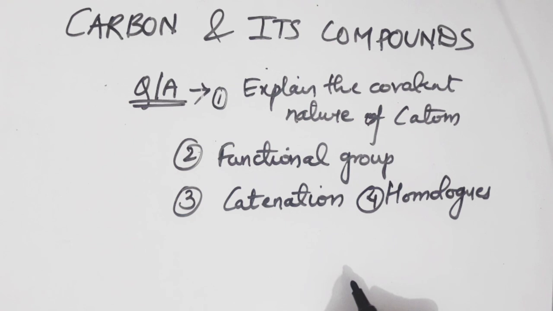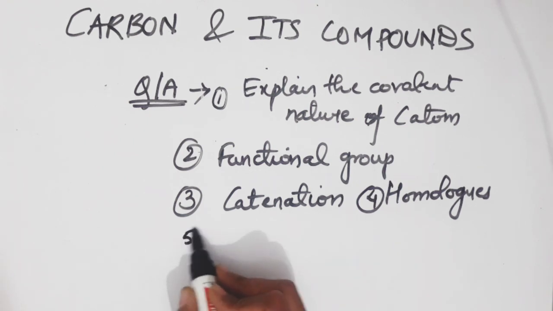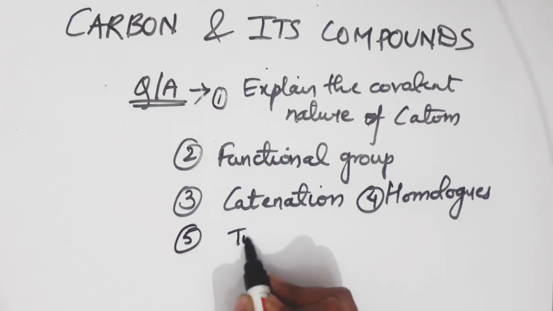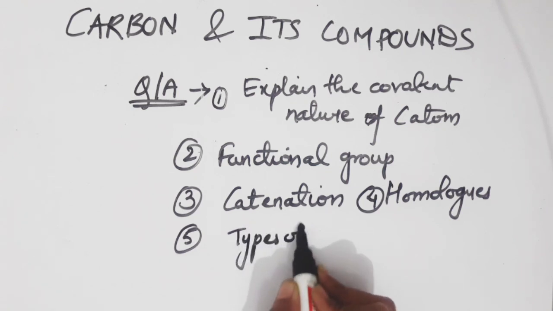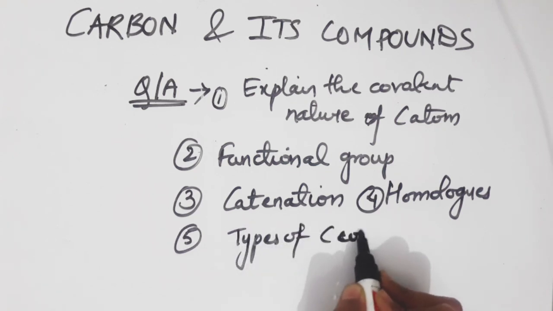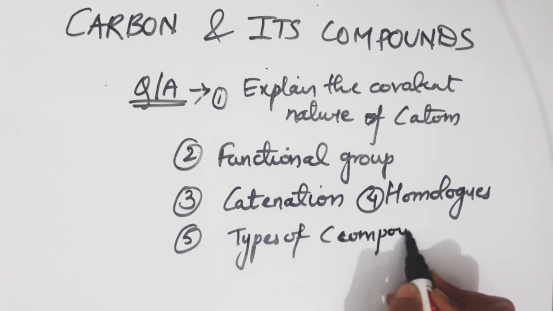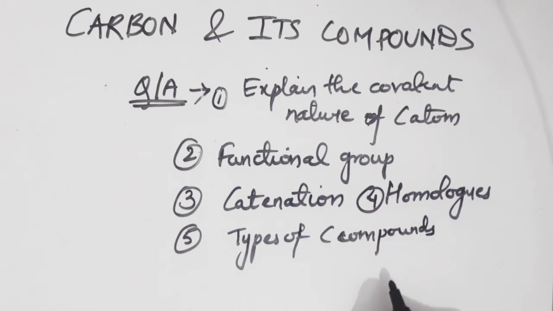The next question that can be asked is regarding the types of carbon compounds. So, here you can define alkanes, alkenes, alkynes, then you will have cyclic, ring, chain, branched compounds, types of linking that it takes part in. The next thing that someone can ask you from this chapter is regarding the nomenclature.